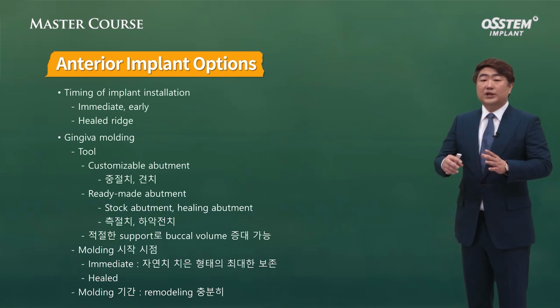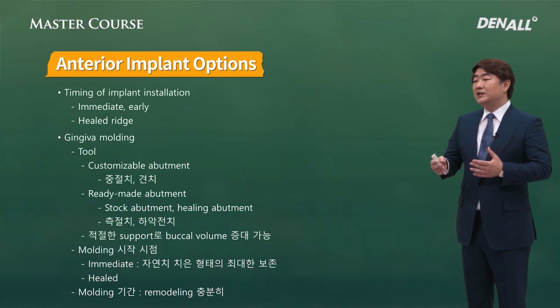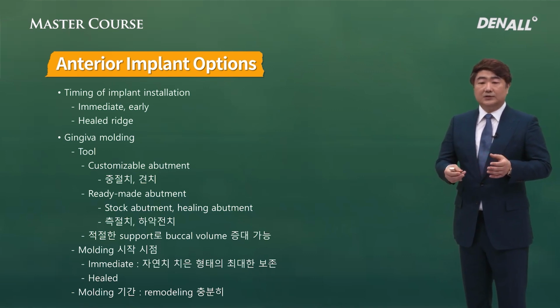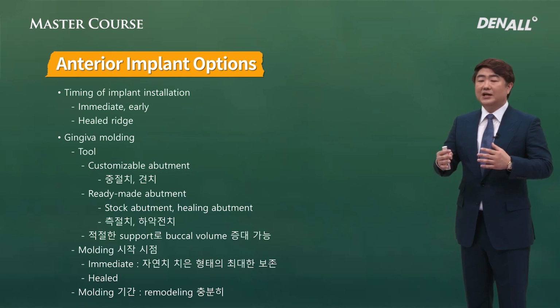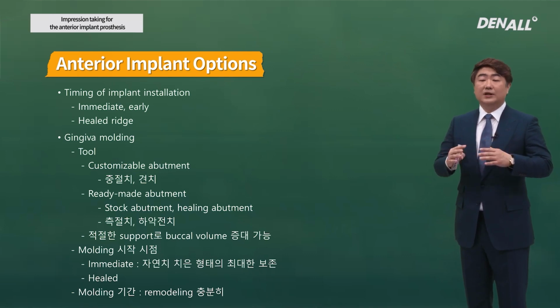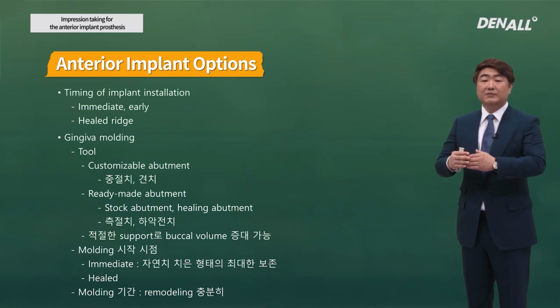Using an appropriate molding tool, the buccal volume can also increase. And the starting point of the molding would be, if possible, immediately after extraction, and the molding period should be as long as possible, so this can have some time for stabilization.